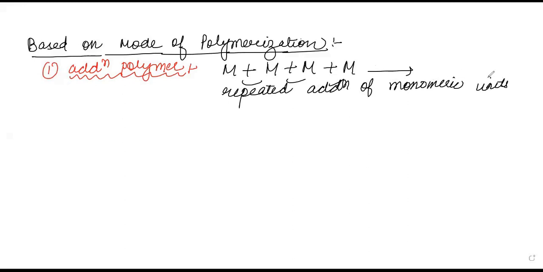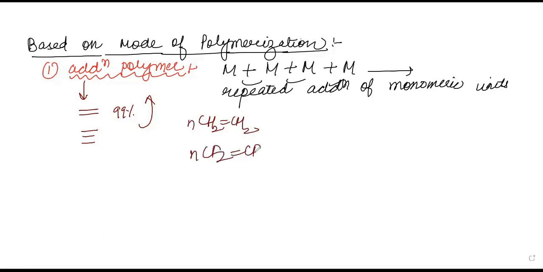Fine, monomeric units. So what example can I take? For your exam, just remember this trick: all those with a double bond or triple bond, in 99% cases they are addition polymers. For example, ethene, CF2 double bond CF2, vinyl chloride.